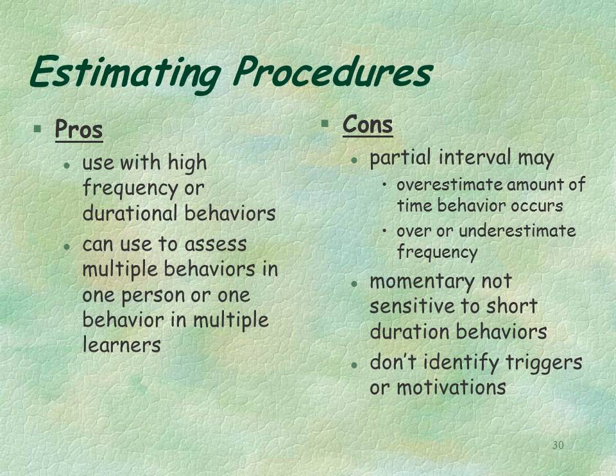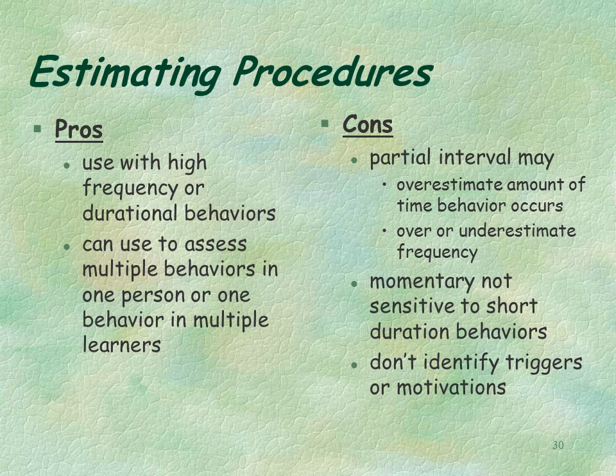The pros of estimating procedures: well, they can be extremely useful. They are very good, especially with high-frequency behaviors. Partial interval recording gives you a good measure. With duration behaviors, momentary time sampling gives you a good measure. The cons: well, if you use partial interval recording to record something that you really should be using momentary time sampling for, you're going to get a huge overestimate of the behavior.